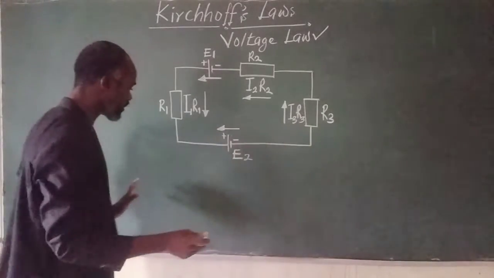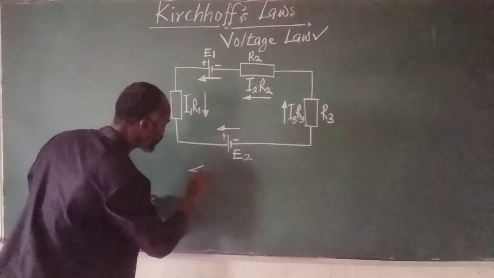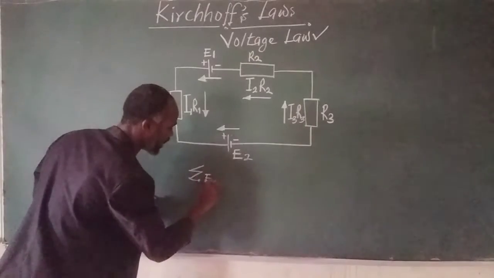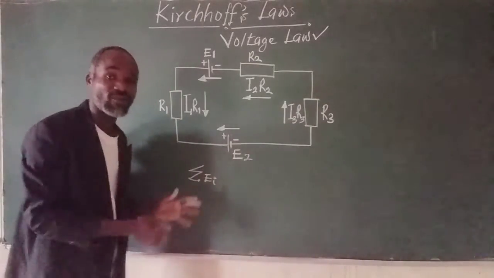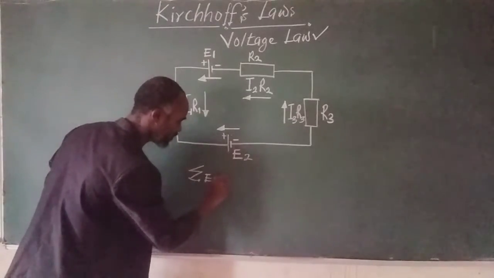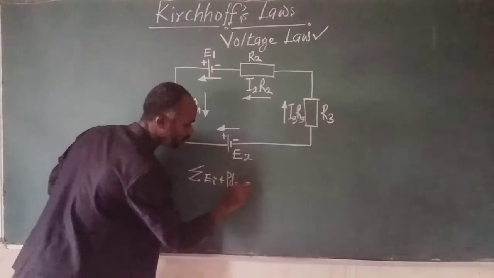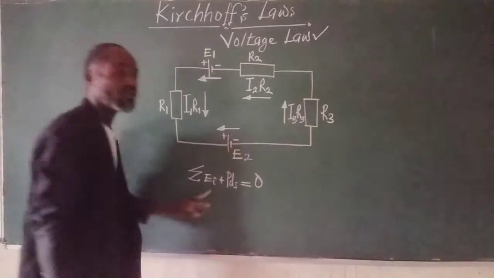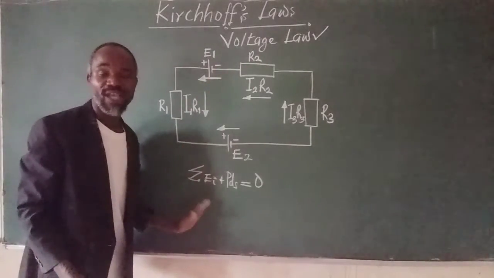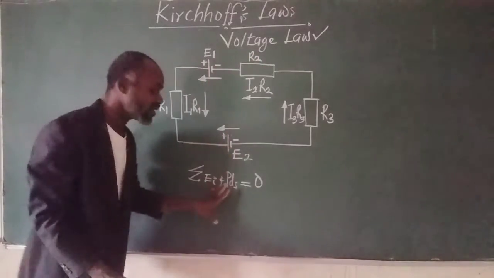So if we put that very simple, let me use ΣE to represent the algebraic sum of EMFs, and then the potential differences, or potential drops, is all equal to what? Zero. This is what Kirchhoff's voltage law is all about. I repeat, this is what Kirchhoff's voltage law is all about.